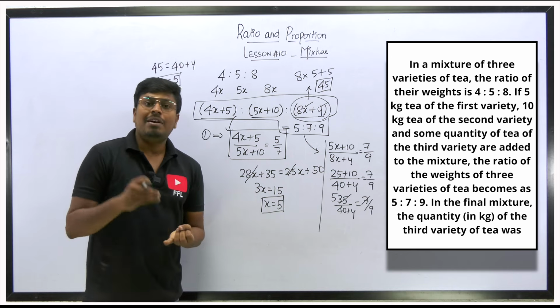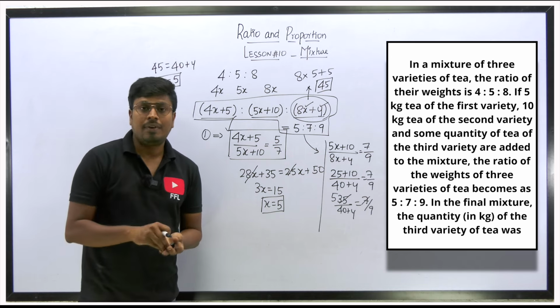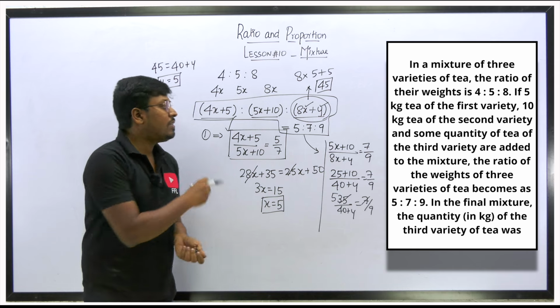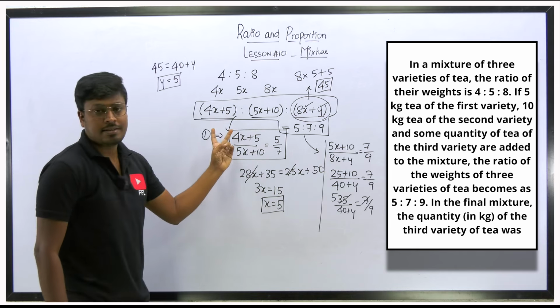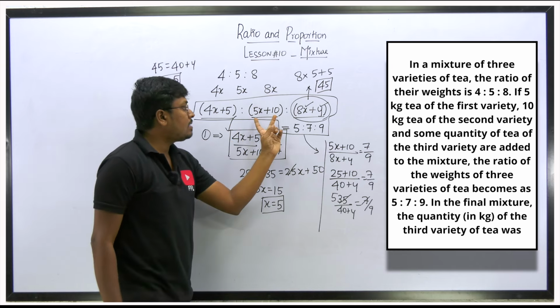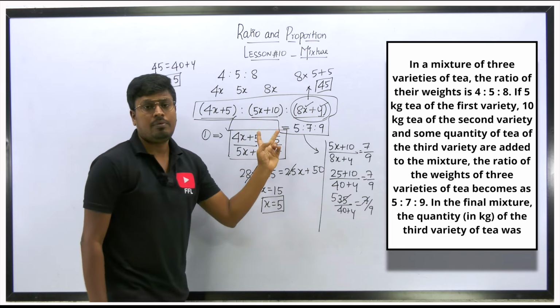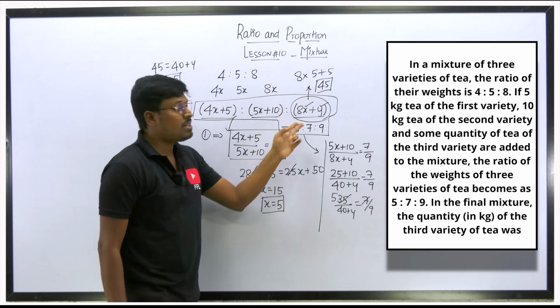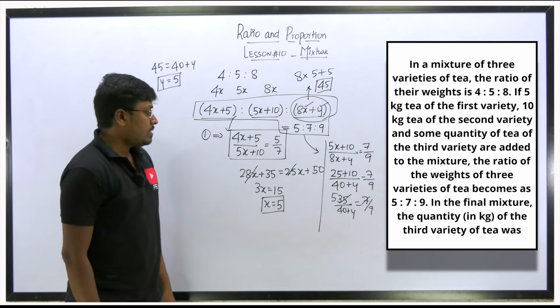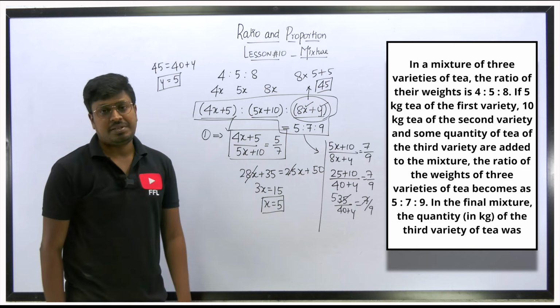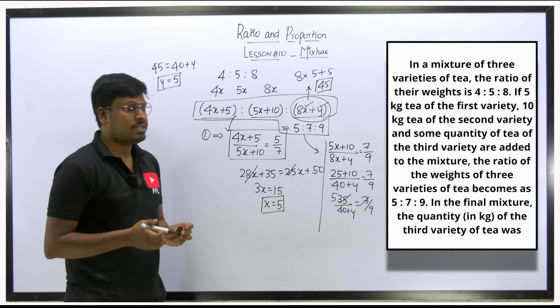After finding the value of x and y, our target is to find the total quantity of the third mixture alone. If they ask the first mixture, it is enough to find only x. If they are asking only the second mixture, it is enough to find the value of x. But they are asking the third mixture, so we have to find both the x and y values. Got it? So this will be the answer for the last question, that is 45 kg.